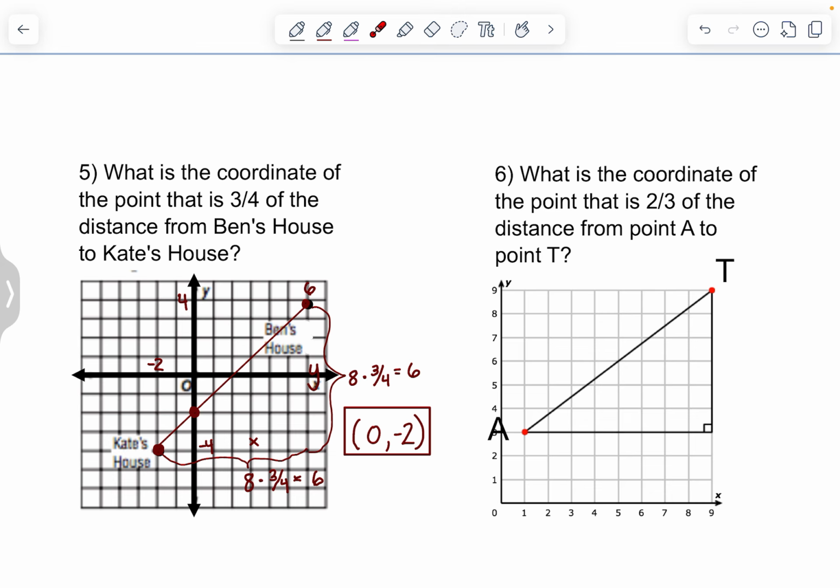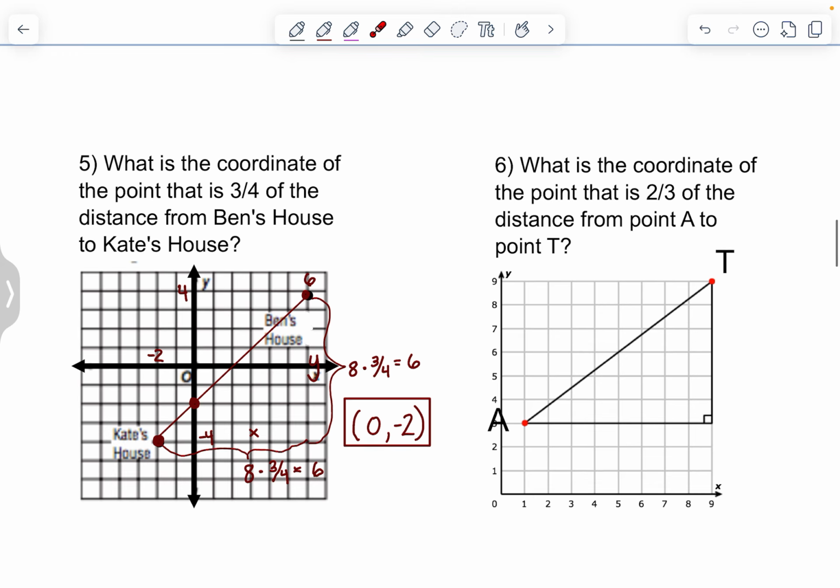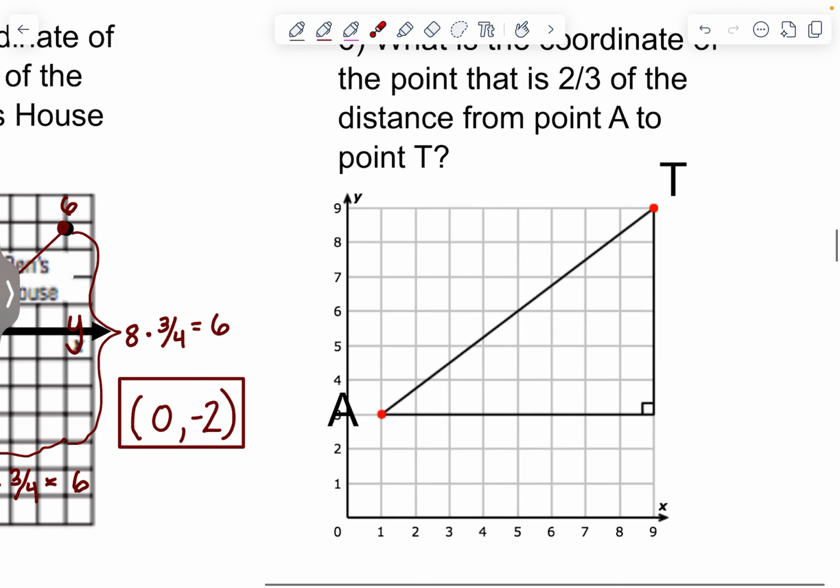So to do that, we're going to follow our steps. Step 1, total distance. Distance in X and distance in Y. Our distance in X should be, looks like 1, 2, 3, 4, 5, 6, 7, 8. I hate that. But it is 8. All right. And our distance in Y's is 6, which is quite nice. So step 1, total distance.